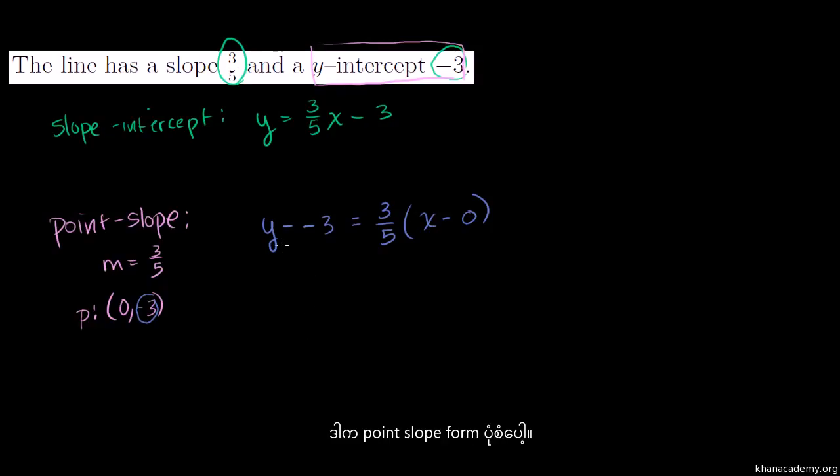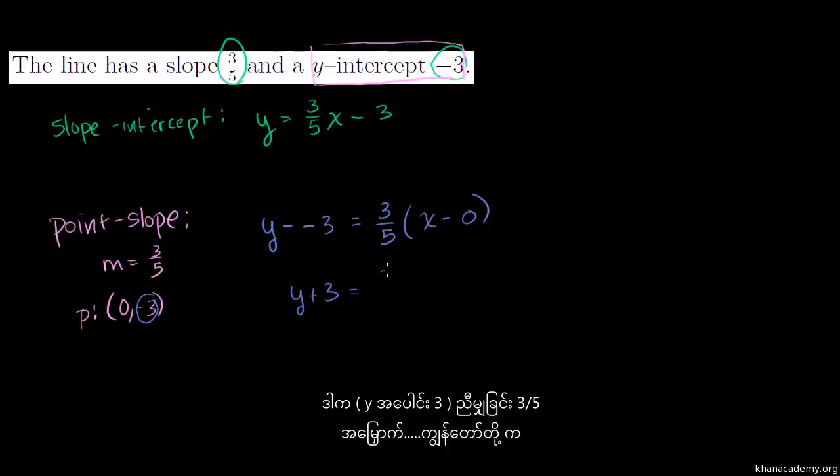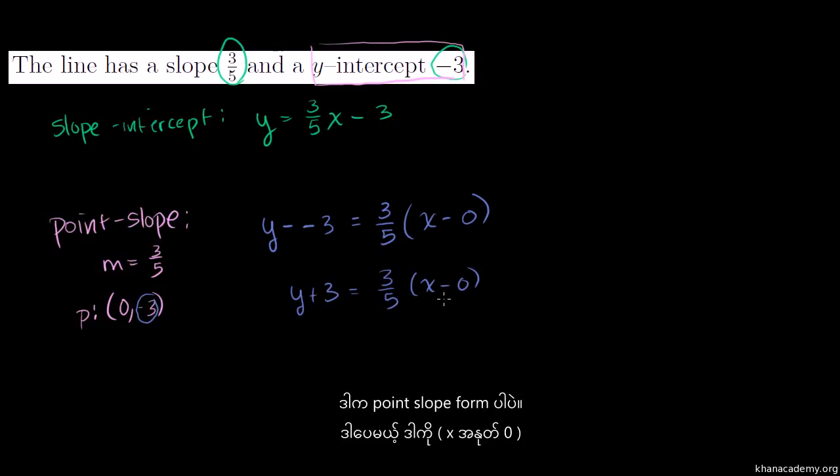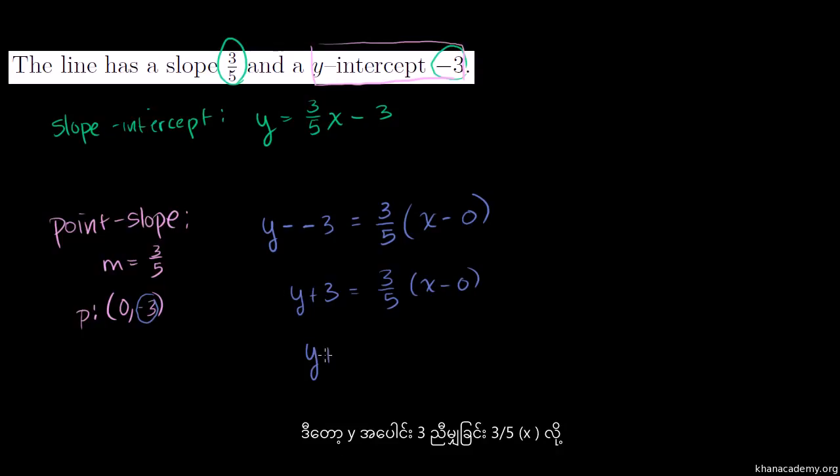Or, and this is point slope form, this could be y plus 3 is equal to 3/5 times, we could write x minus 0 if you really wanted to make it look like point slope form. But it's kind of silly to write x minus 0. So you could just write y plus 3 is equal to 3/5 x.